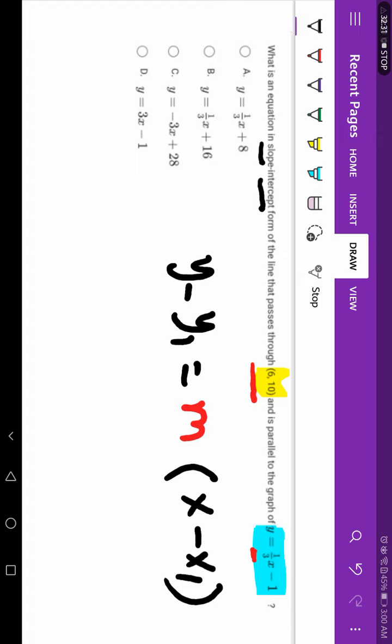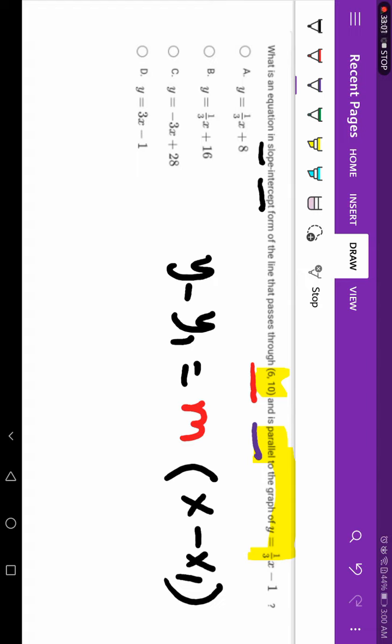So the slope, you got it from here, as I said. Especially, he said to me it is parallel. Parallel, I have to take the same slope, 1 over 3. But teacher, if he asks me about the perpendicular, you have to find the opposite reciprocal of 1 over 3, which is 3 over 1, then negative 3.